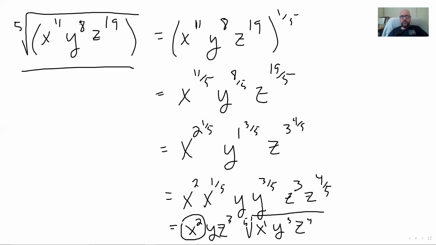It goes in once with 3 left over, right? So 1 3/5, that's the idea. So I pull the one whole y out, and there's 3 left over inside the fifth root. Similarly with z, 5 goes into 19 3 times with 4 left over. So 3 z's come out and there's 4 left on the inside.